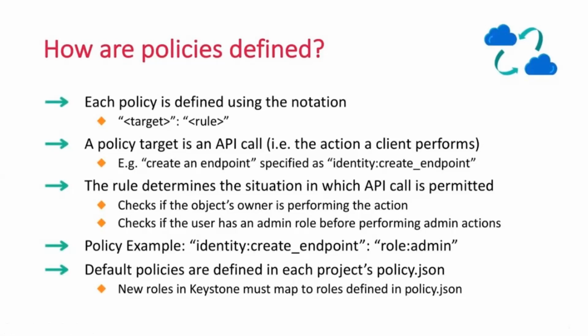But for certain users that we create, we need to give certain roles. Only if they have the roles and the permissions will they be able to execute these calls. Check if the user has the admin role before performing an admin action. If you're an admin, then you can do anything and everything, short and sweet. So here is identity:create_endpoint, role, and admin. In other words, only admin can create endpoints.